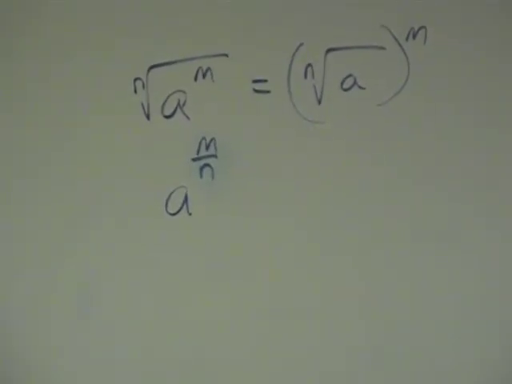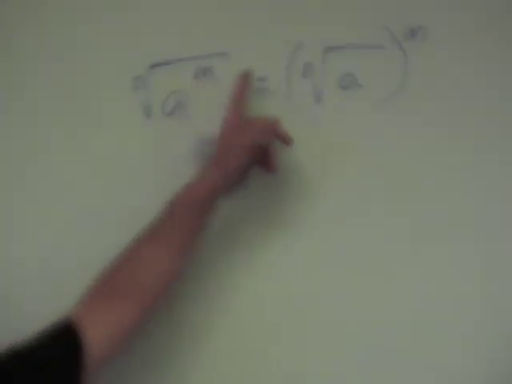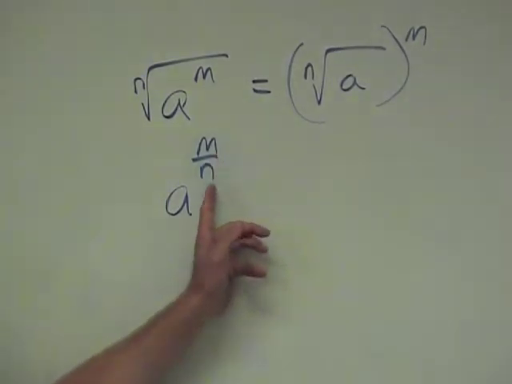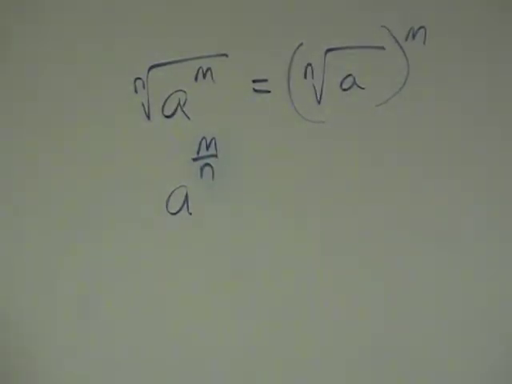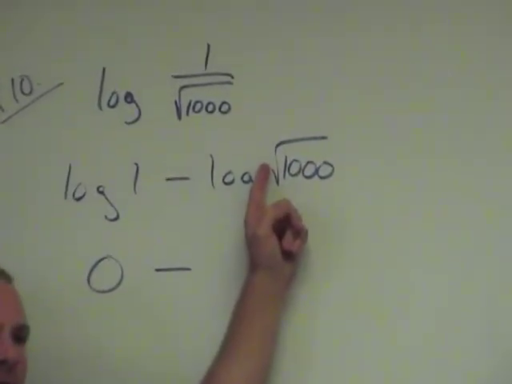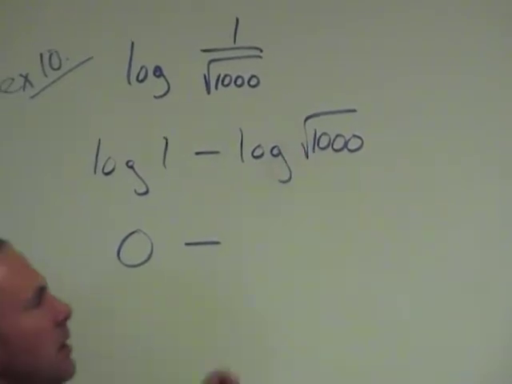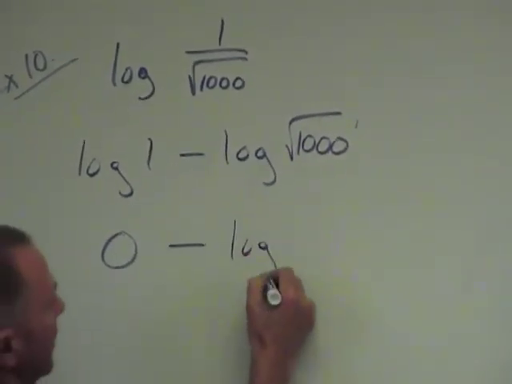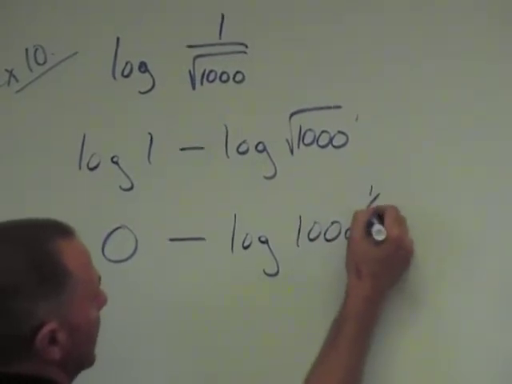Both of those can be written that way. It doesn't matter if the exponent's on the inside or on the outside. It is the top number in the fraction of your exponent. Whenever there is not a number written here, then it's always a 2 for square root. And this has an exponent of 1. So this is going to be the log of 1,000 to the 1/2.